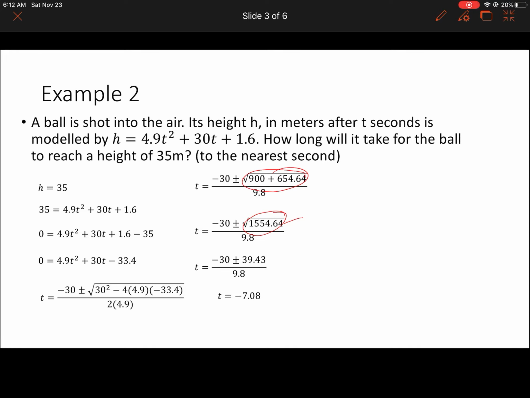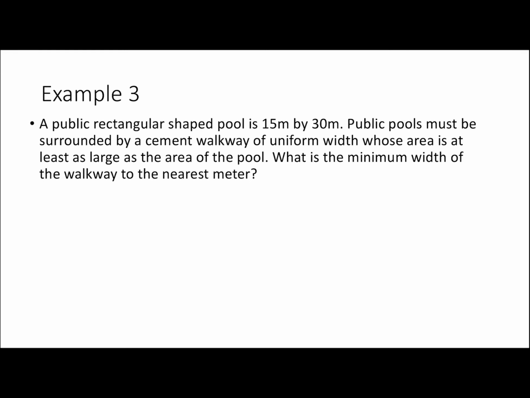Separate the plus and minus. We have two answers now. We do the calculation with a positive, we do the calculation with a negative. So t equals 0.96. Or, therefore, the ball will take approximately 1 second to reach 35 meters.